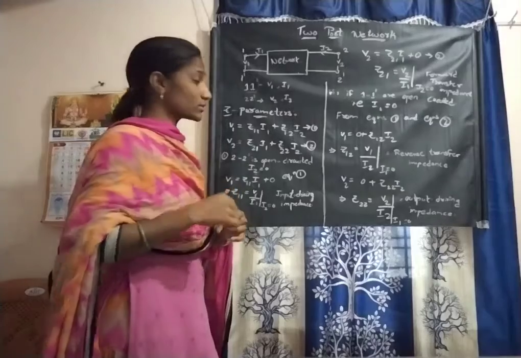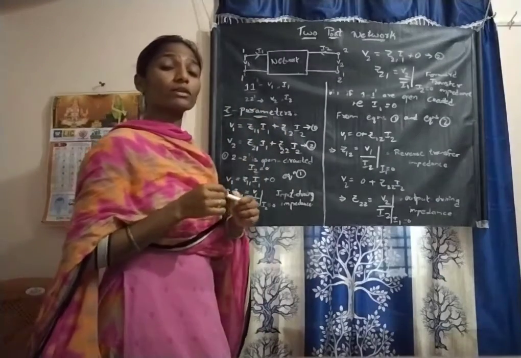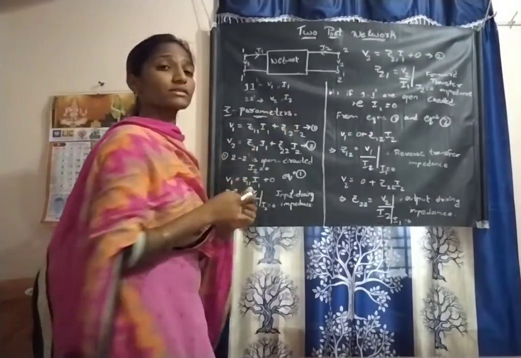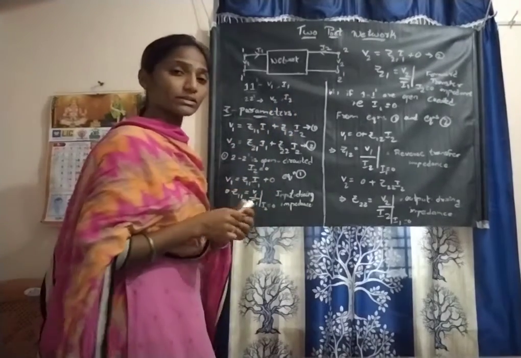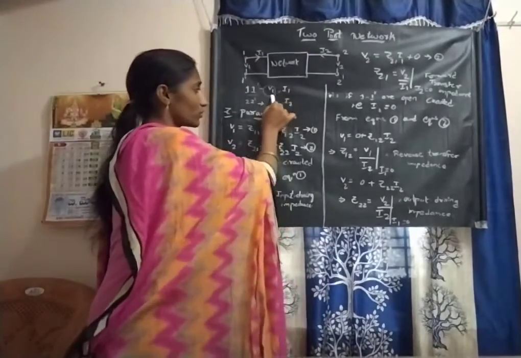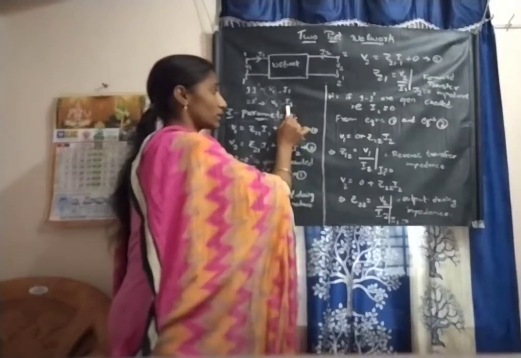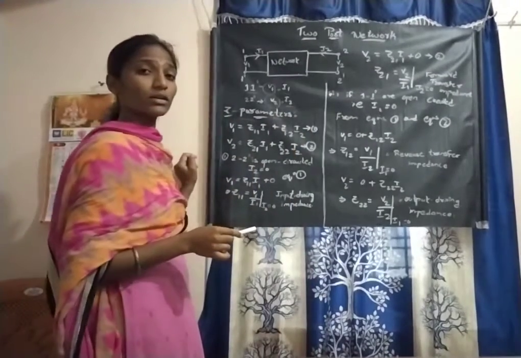So today our class is about the calculation of Z parameters, and how we calculate them for this network system. Here V1 is the input voltage and V2 is the output voltage. I1 is the input current and I2 is the output current.